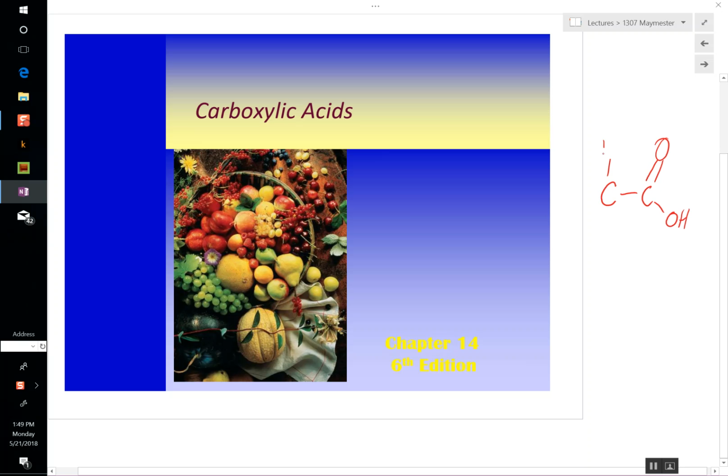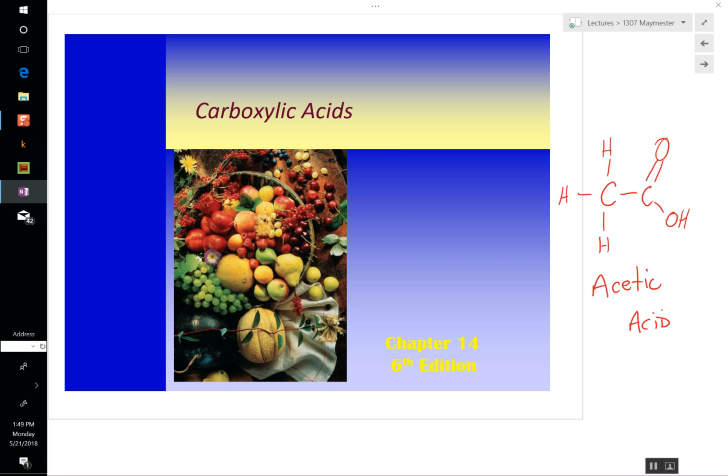This is a carboxylic acid, and it's in vinegar. It's acetic acid. Carboxylic acids are weak acids. They don't dissociate entirely in water.